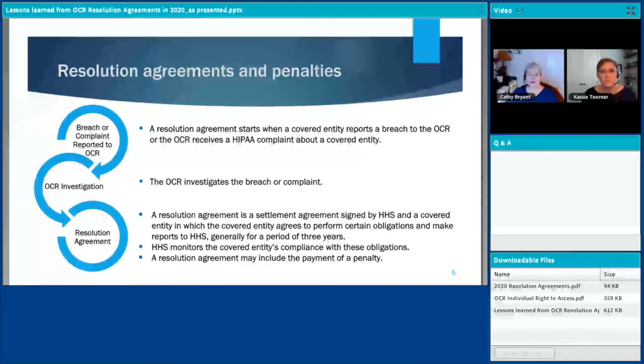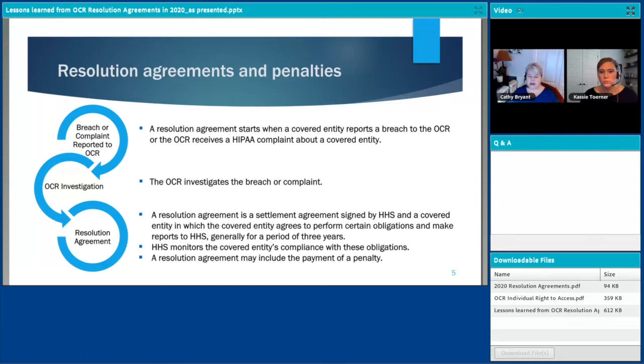So, what is a resolution agreement? To best understand a resolution agreement, you really need to know where it starts. A resolution agreement doesn't happen unless an organization has had either a reportable breach to the OCR or a complaint that's been reported to the OCR by a patient, and that complaint results in an investigation.